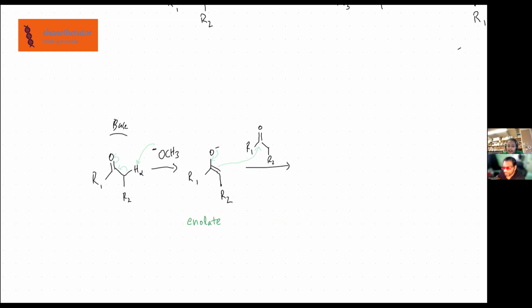Does that carbon on the enolate, when the double bond reforms, get a negative charge and then attack?